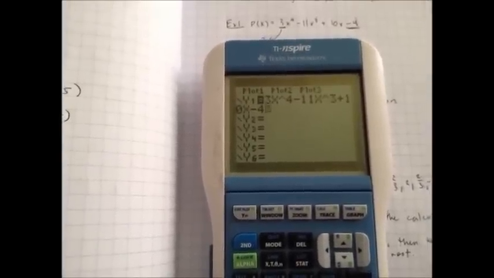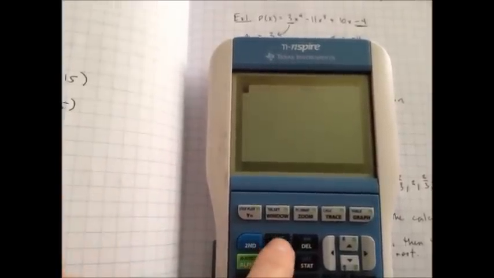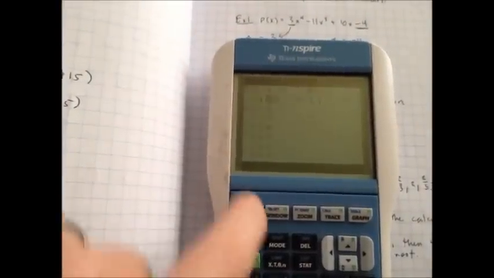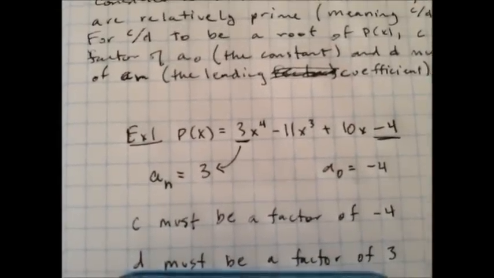Okay, so now I'm going to press second, mode. If you notice, right above mode is quit, and I'm out of there. But if I went back to y equals, I still have my equation from right there. The p of x equals 3x to the fourth power minus 11x cubed plus 10x minus 4.